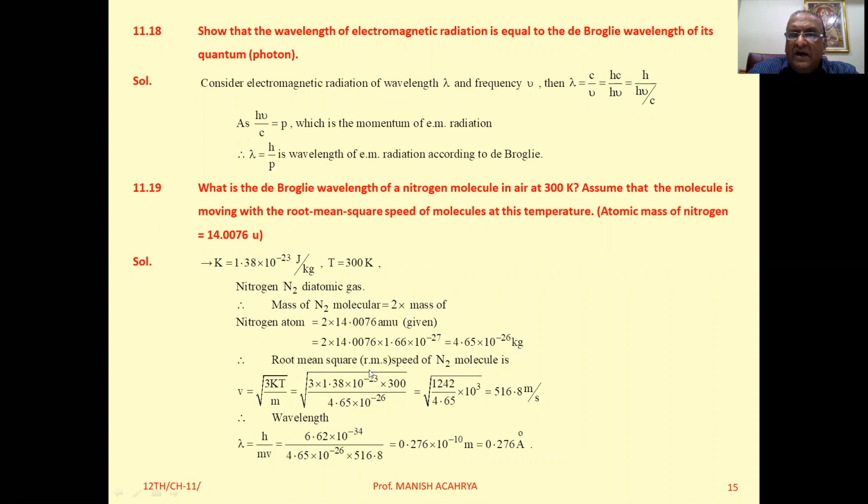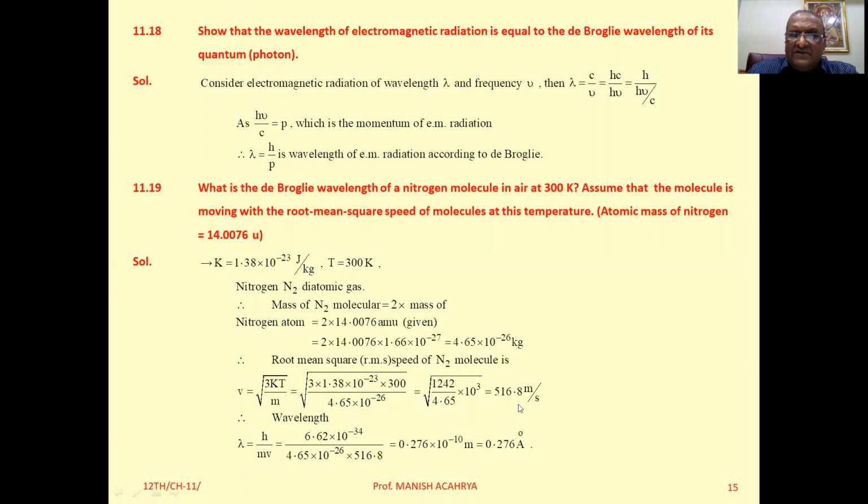Now, the RMS speed at temperature T is v equal to under root 3kT by M. In standard 11th, we studied this thing. So now substitute the value of Boltzmann constant k, temperature T 300, and the mass of nitrogen molecule calculated here. Then solve it, you will get the RMS speed.